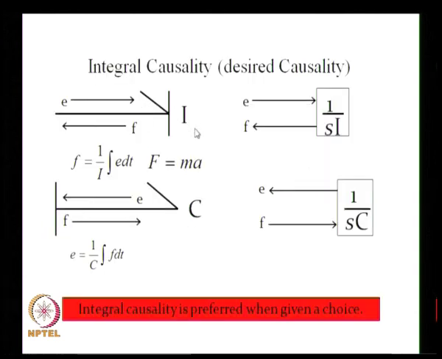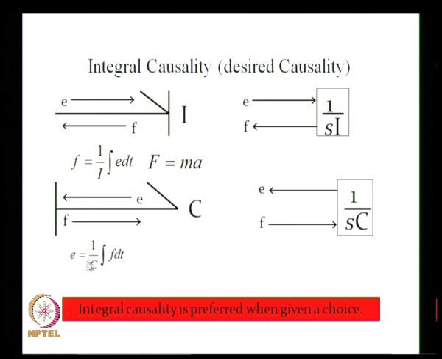So this is the relationship for I: F is 1 over I integral E dt, something similar to F equals ma. The effort is the input, so the effort is coming here and the flow is calculated here. That is the integral relationship you are getting.